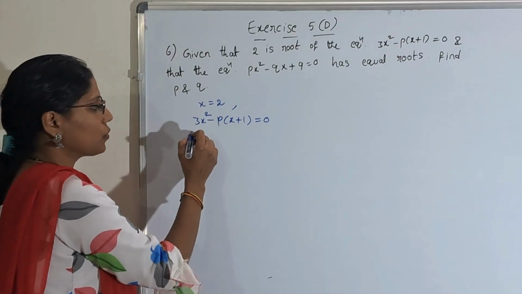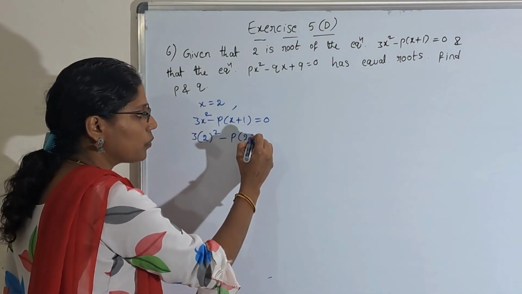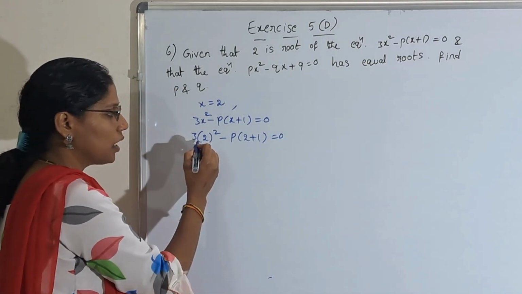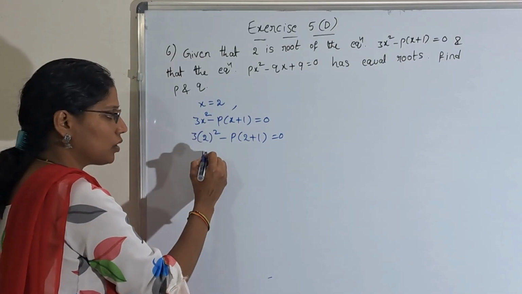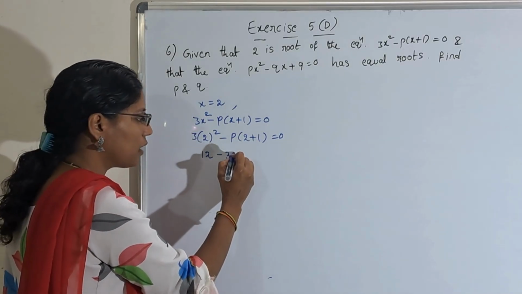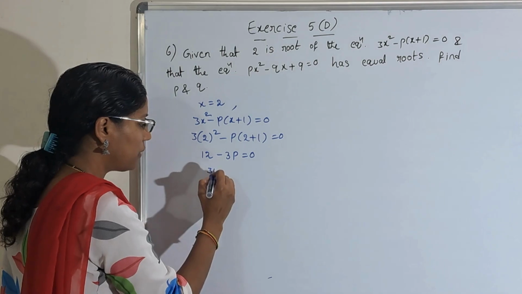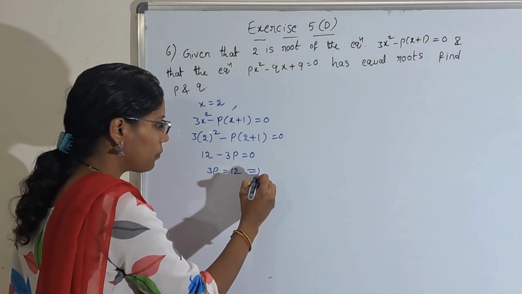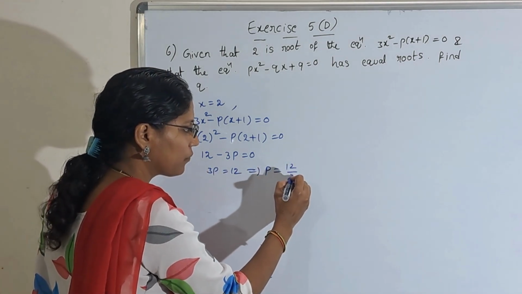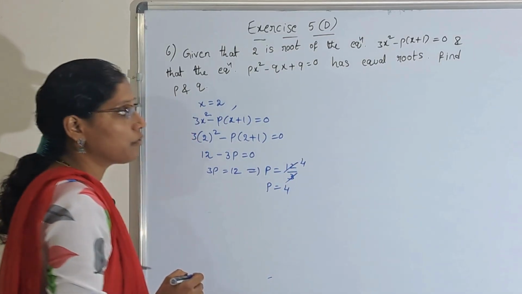Here the x value is 2: 3(2) whole square - p(2) + 1 = 0. Here 2 into 2 is 4, 4 into 3 is 12. 12 - 2p + 1, that is 3p it will come. 3p we have to shift to the right side: 3p is equal to 12. Here p is equal to 12 by 3. So p is equal to 4. The p value 4 we got.